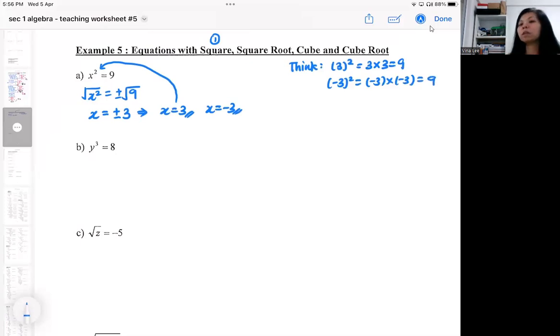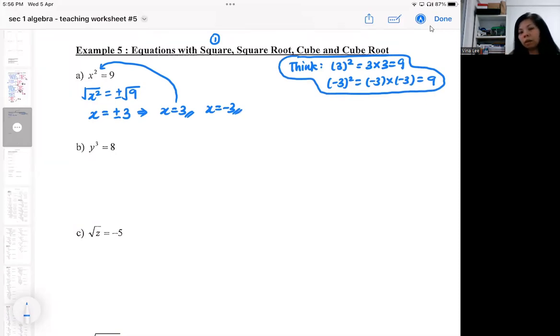So there are two possibilities that can give you the answer 9, and that's why there are two possible answers when we take square roots. That's something very new to all of you. The reason is that positive numbers, if you square, you get positive. Negative numbers, when you square, you also get positive.